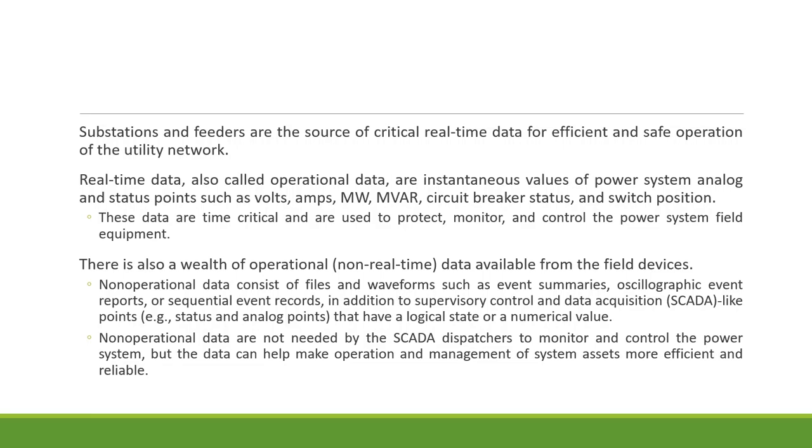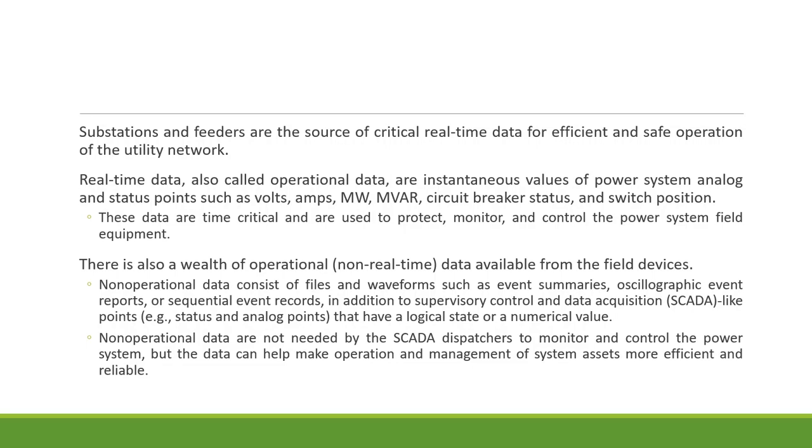The goal is to operate the network in order to maintain reliable power supply. And when we are maintaining the reliable power supply, the performance should be efficient. Another thing is safety.